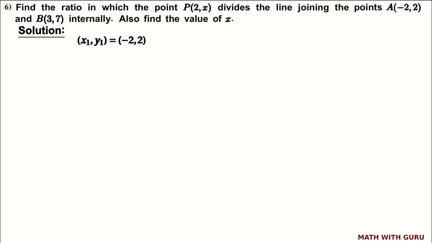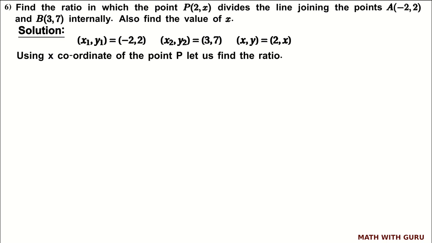Here x1, y1 are the coordinates of A (-2, 2), x2, y2 are the coordinates of B (3, 7), and the coordinates of P are (2, x). Using the x coordinate of the point P, let us find the ratio first.